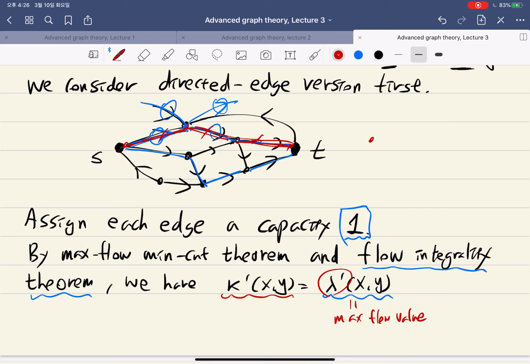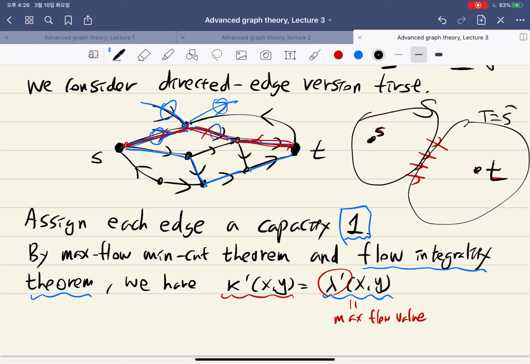Because once you have S and T, and then you throw it in, and then you delete some edges, and then now this is disconnected. Then you take all the vertices which are reachable from this S, and let it be S, and the rest of them is T, which is the complement of S. Then the number of deleted edges must be the number of edges between S and S complement.